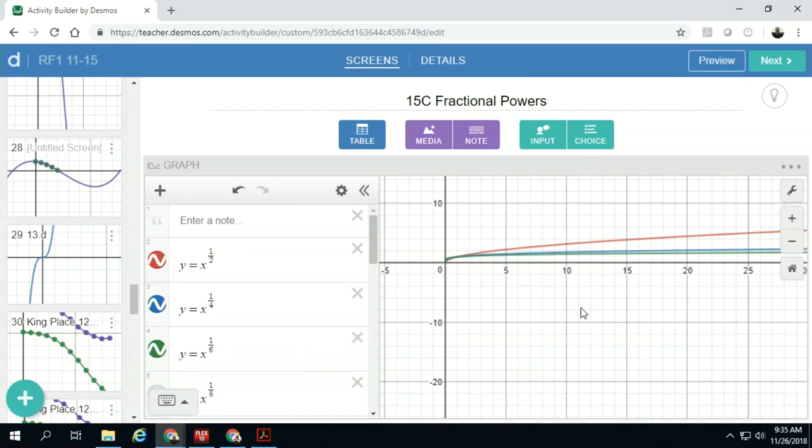Sketch the graph. It says, what patterns do you see for the domains of these functions? What's true about the domain? Very good. So the domain of a fraction that is even is bracket 0, comma, infinity, close parentheses.